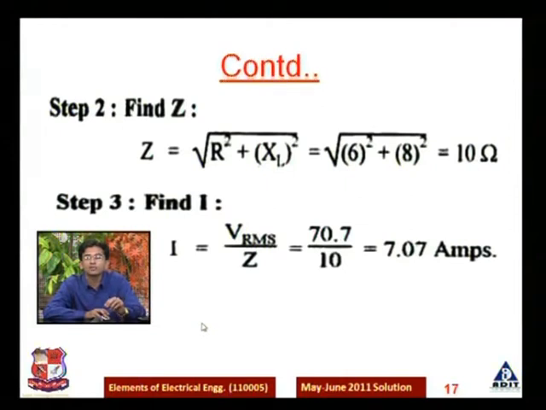The maximum value is 100 volt, but Vrms = Vm divided by root 2, or 0.707 into 100. So it will be 70.7 divided by 10. What is 10? It is the impedance. By putting this value you will get the current, how much current is taken by the circuit. So you can see that 7.07 ampere current is drawn by the RL circuit. Now we will see the next step.